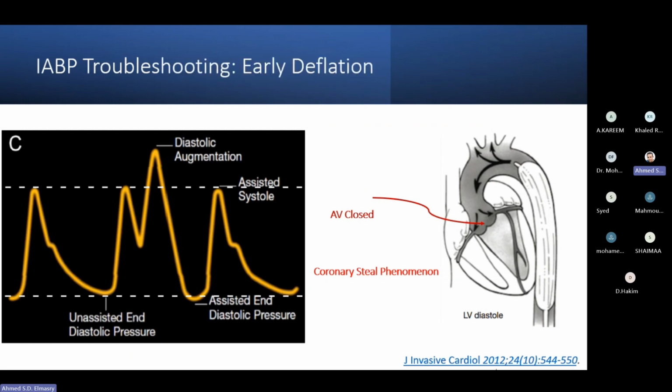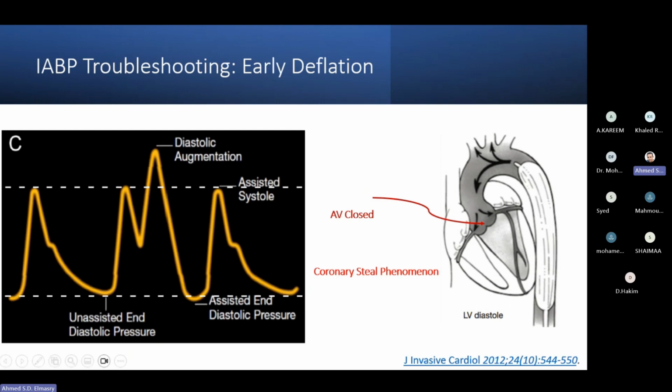And to understand the coronary steal phenomenon, this is the intra-aortic balloon inflated during the diastole. So the blood here in this column will be displaced towards the carotid, and also to the coronary. At this point, which is the diastole, the aortic valve is closed. So what happens if the aortic valve is still closed and the intra-aortic balloon started early deflation?